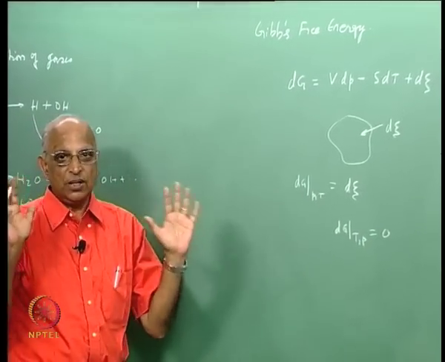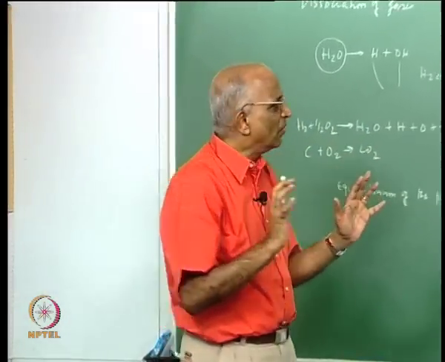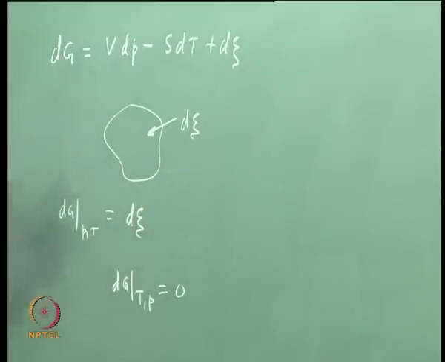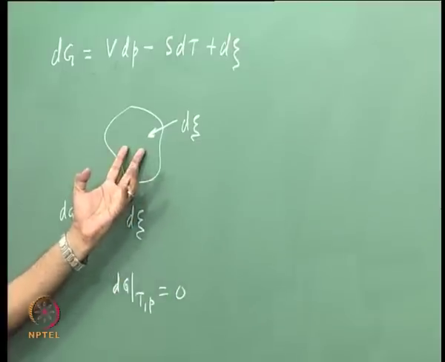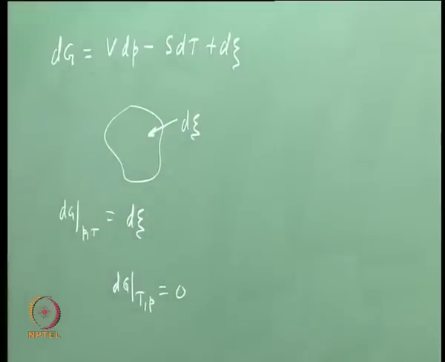I think this must be clear to each one of us. The Gibbs free energy tells us when the system is in equilibrium, and what do we mean by equilibrium? No further changes are going to take place. We say the change in Gibbs free energy is 0 when no further changes are possible, when the composition of all these things remains invariant. I think it will become clear.